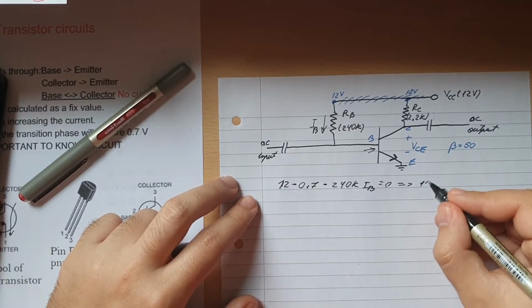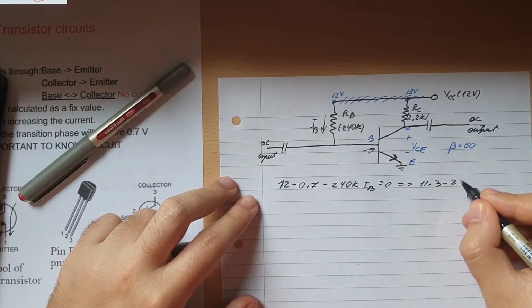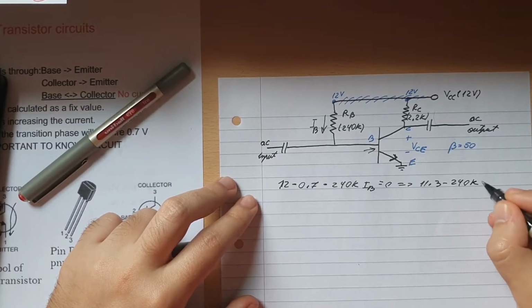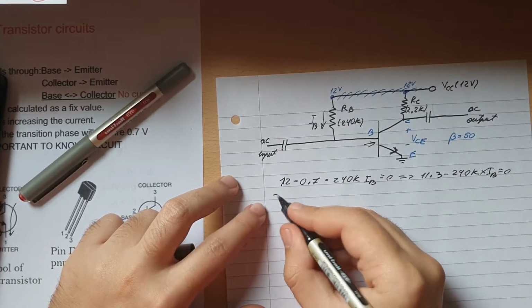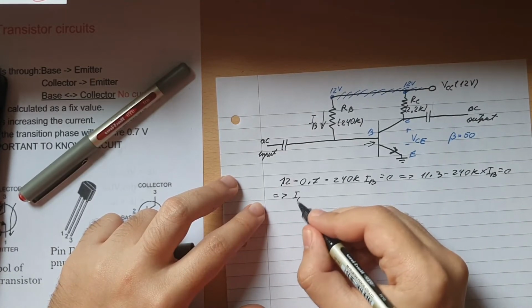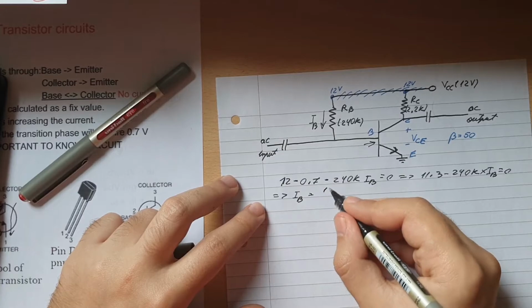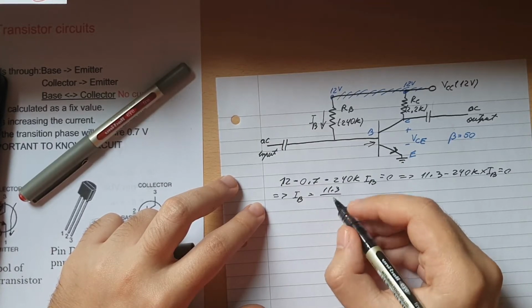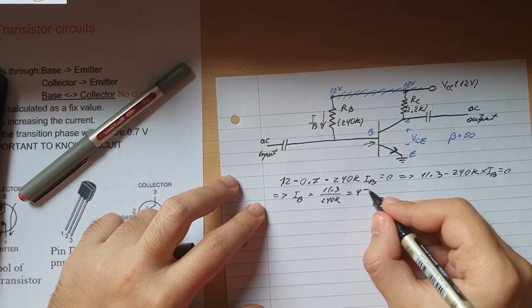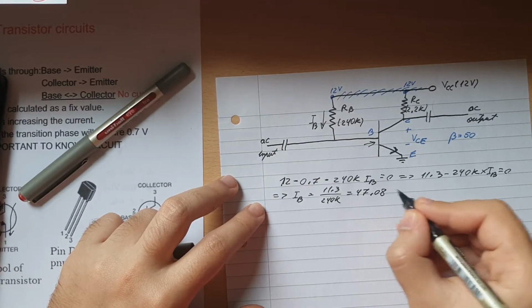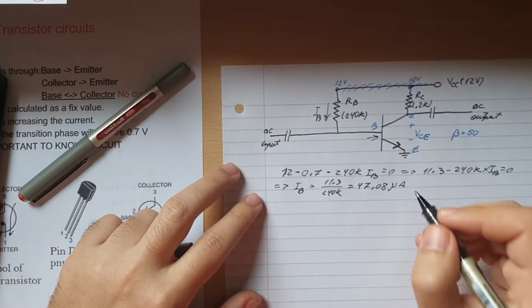Therefore 11.3 minus 240k multiplied by IB will equal 0. Then IB will be equal with 11.3 over 240k, and that will be equal with 47.08 microamps.